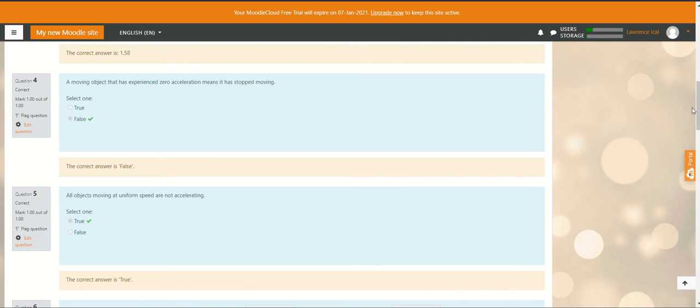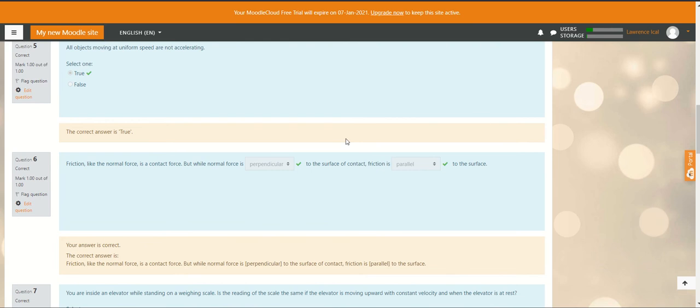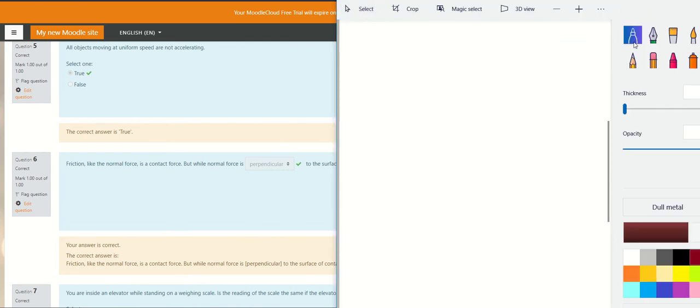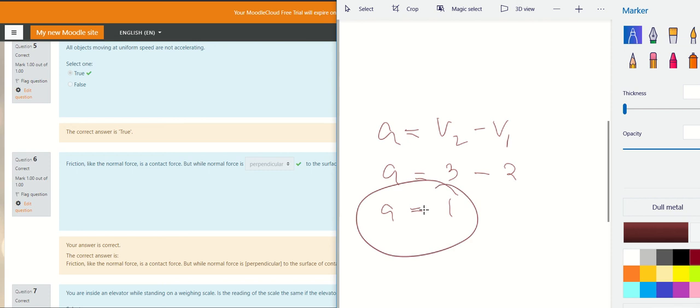Uniform speed, so your movement doesn't change. So in terms of formula, acceleration is v2 minus v1. For example, initially your movement is 2, and then now 3. Therefore, your acceleration is 1. So it means you accelerated because you sped up. That's all it means.